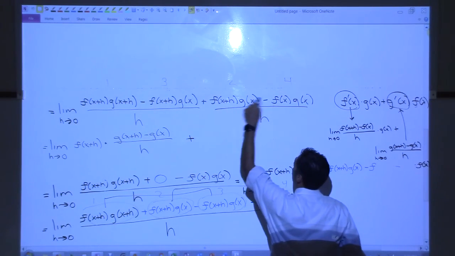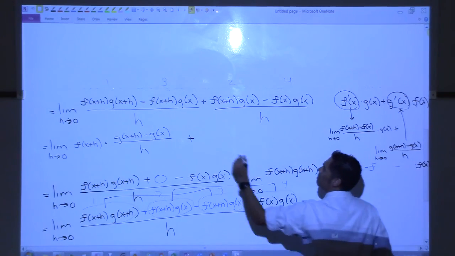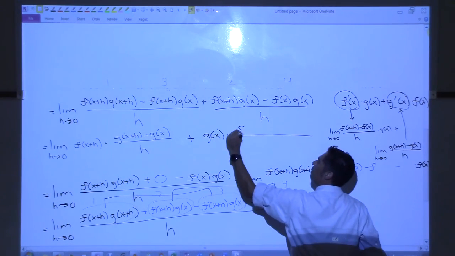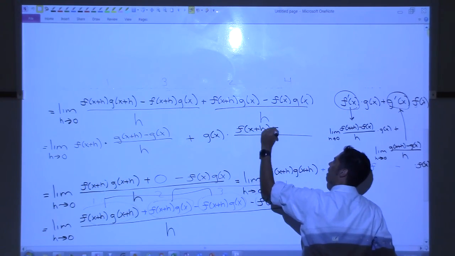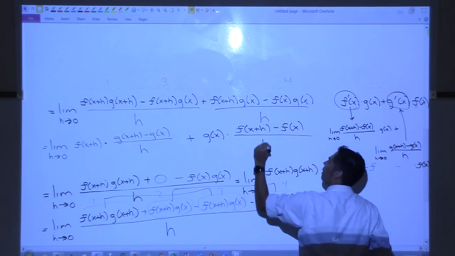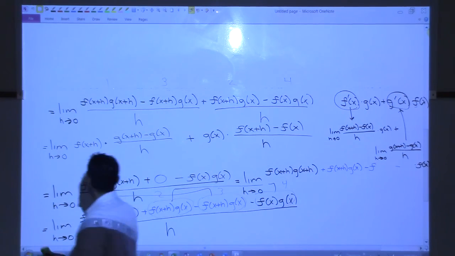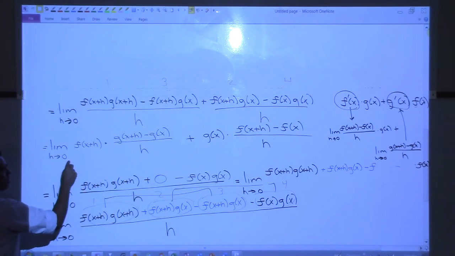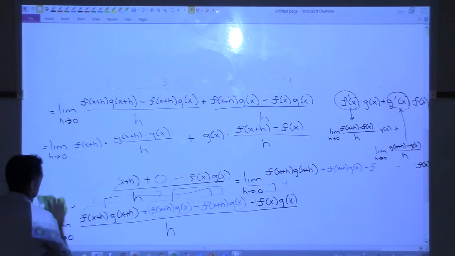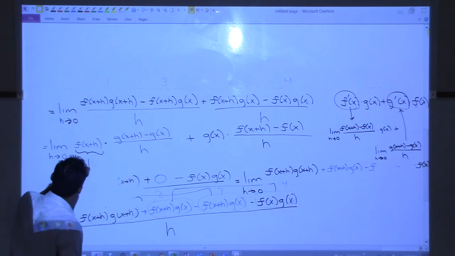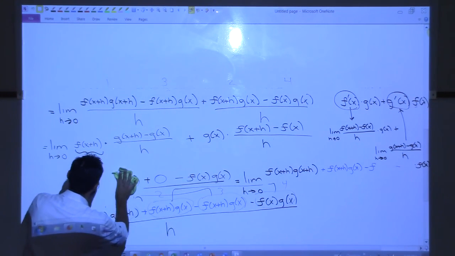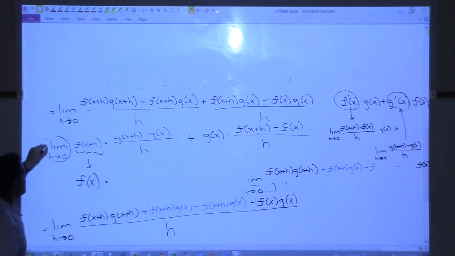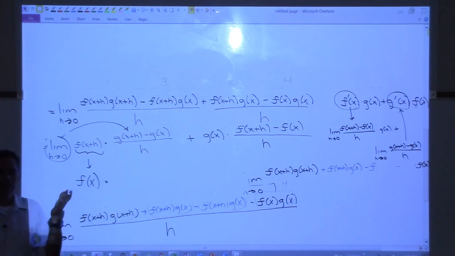Plus, here, what do they both have in common? G of x. Okay, so what's still there? F of x plus h minus f of x all over h. Okay, we're there. Take the limit. What does that go to if you let h go to 0? That goes to f of x, times, if I take the limit of that, what is that?